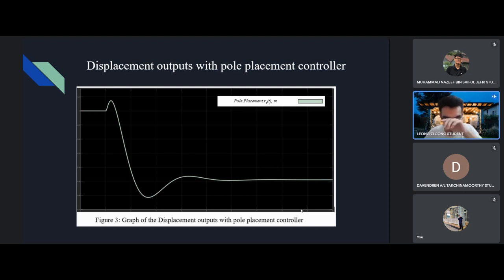But as for only the pole placement controller, we face a problem, that is a very serious steady state error, which is usually around negative 0.1 something. So you can see that using the pole placement controller can make the system stable, but it cannot solve the problem of the steady state error. Okay, next.